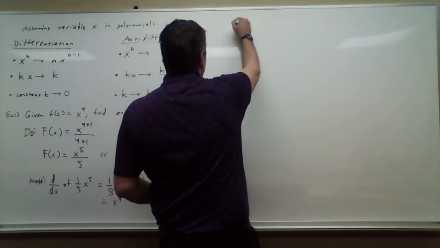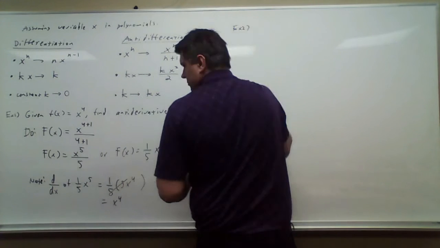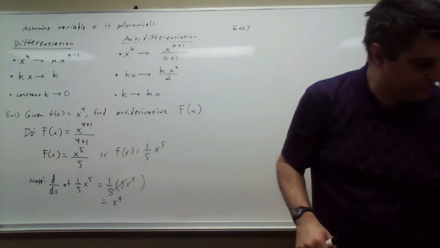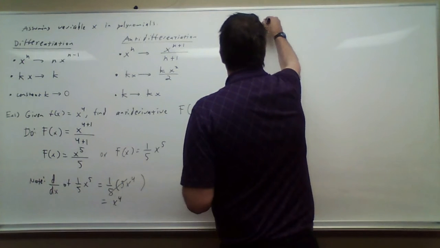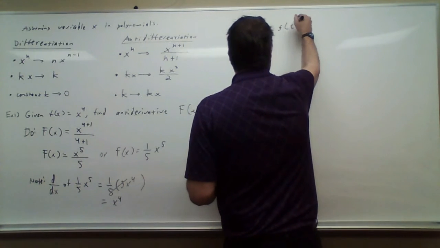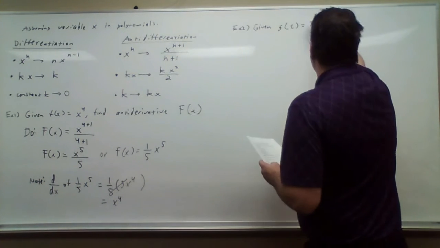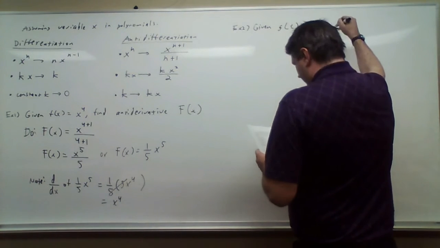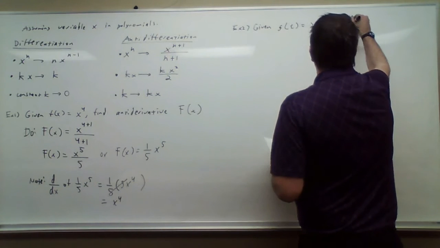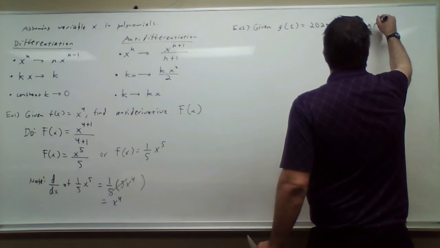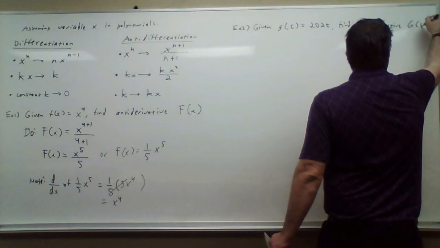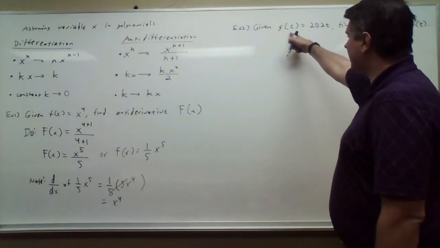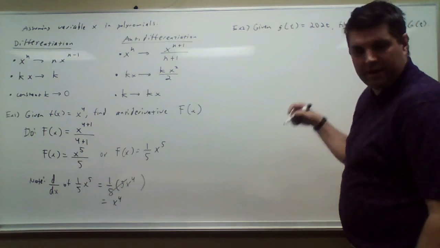Okay, example 2. Given lowercase g of t equals 202t, find the antiderivative capital G of t. Okay, lowercase, the antiderivative is the uppercase.